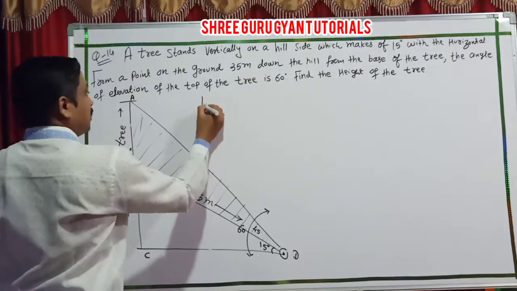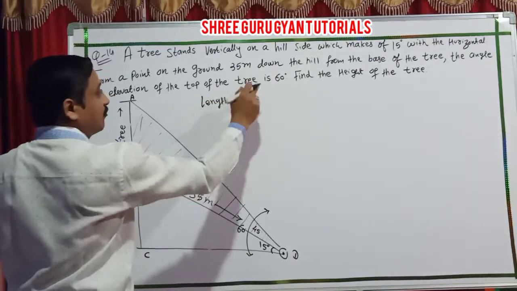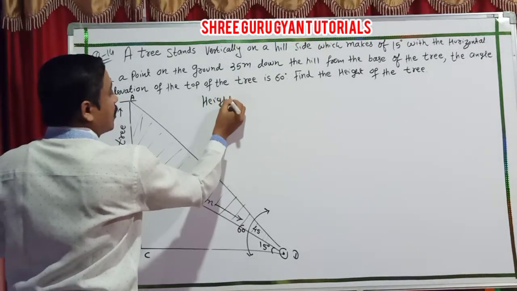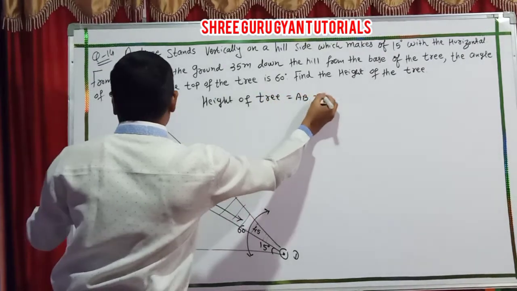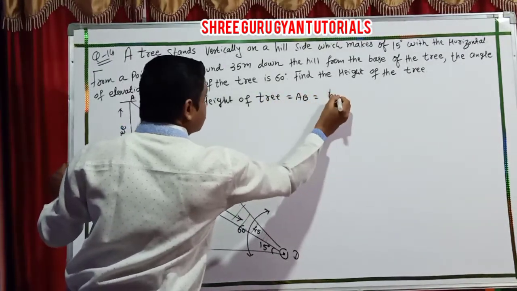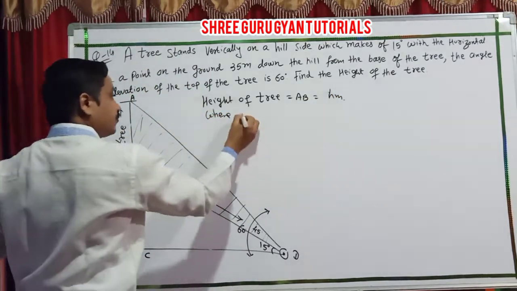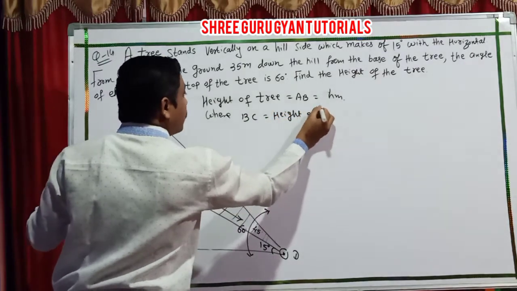So suppose the height of the tree AB, I assume that it is h meter, where BC is the height of the hill.